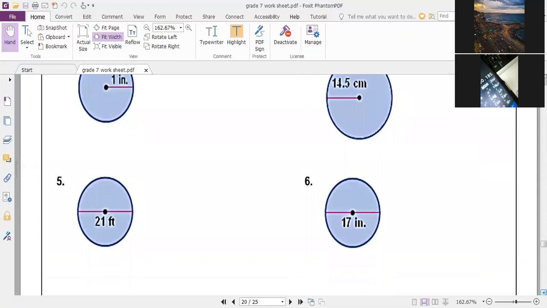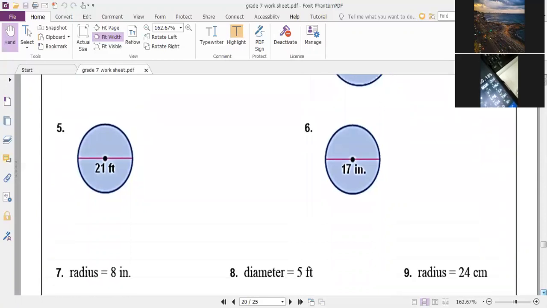In example number 5, my friend, I need the area, but I have the diameter. Firstly, I will divide it by 2, because I have the diameter.